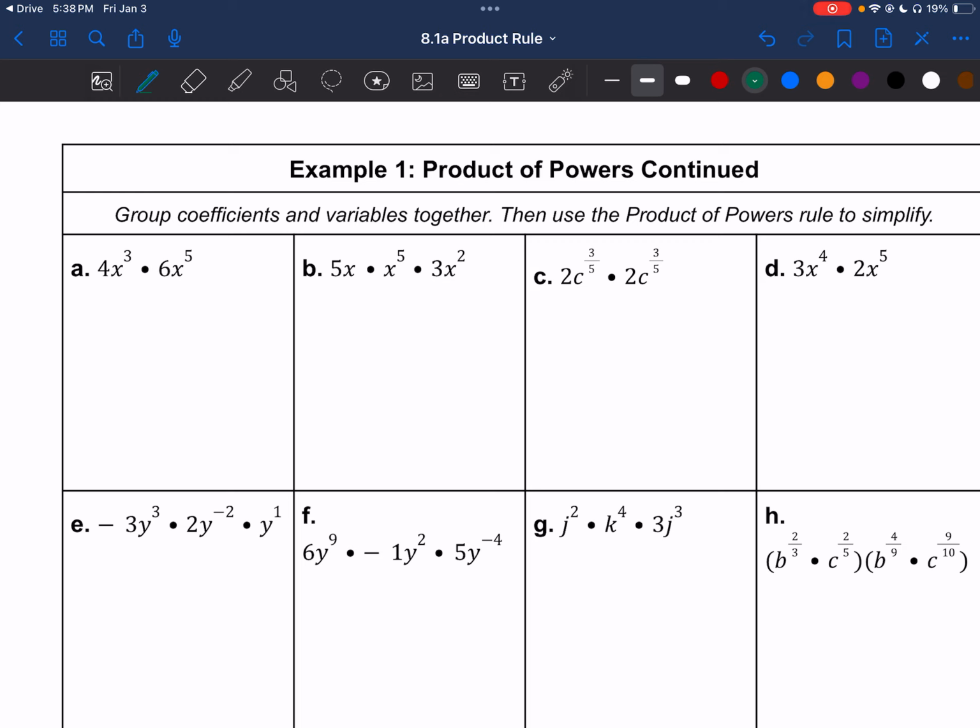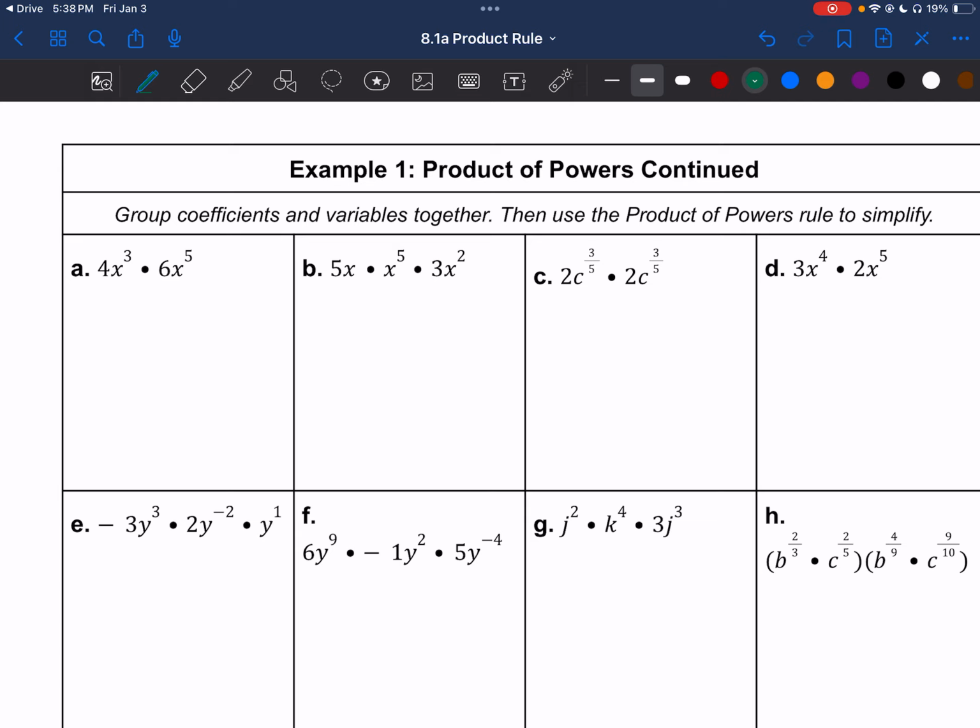If we go back to our rules, this is our multiplication properties, and this is the commutative property, where the order of the multiplication doesn't matter. So 4 times x cubed times 6 times x to the 5th, that order doesn't have to be in that order just because they're all being multiplied.